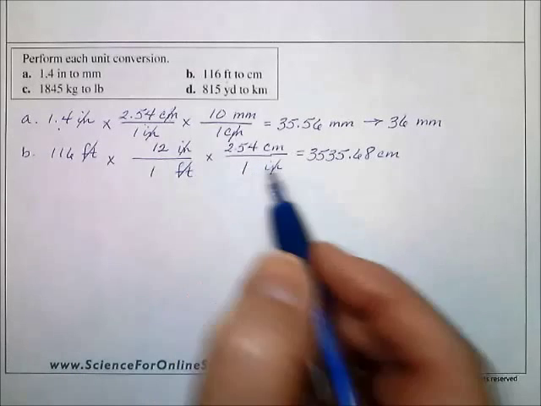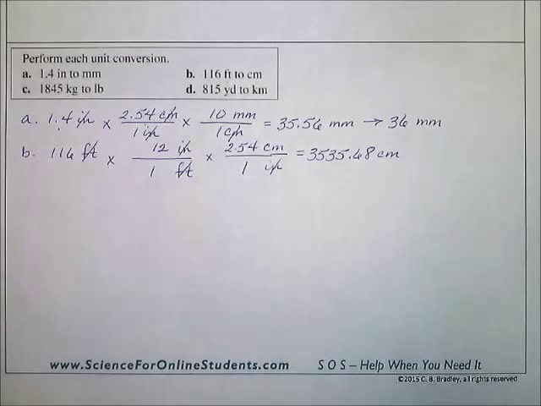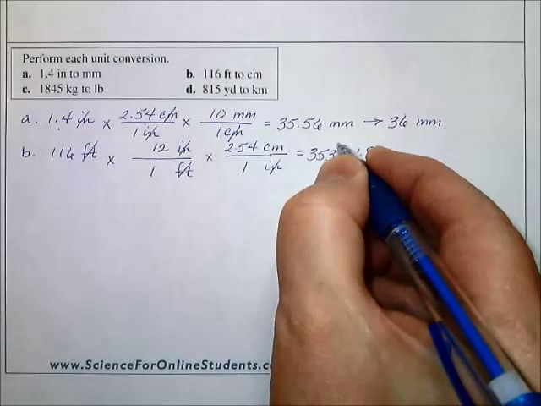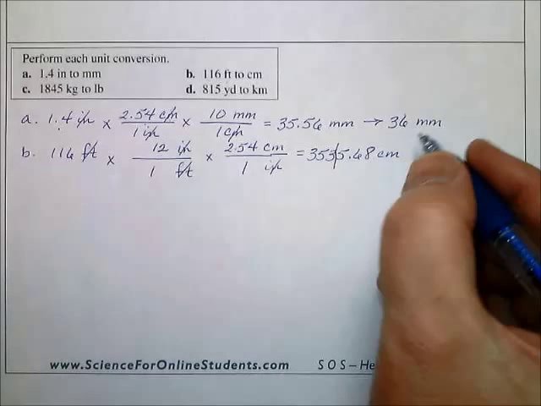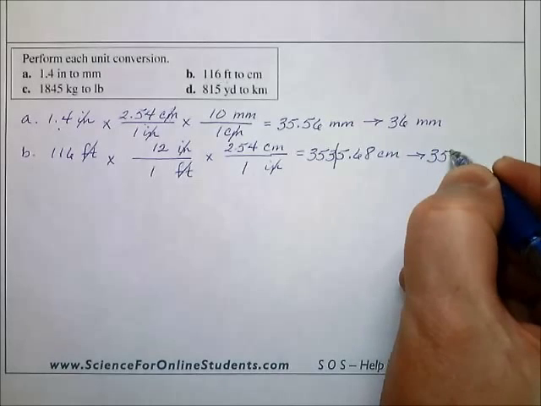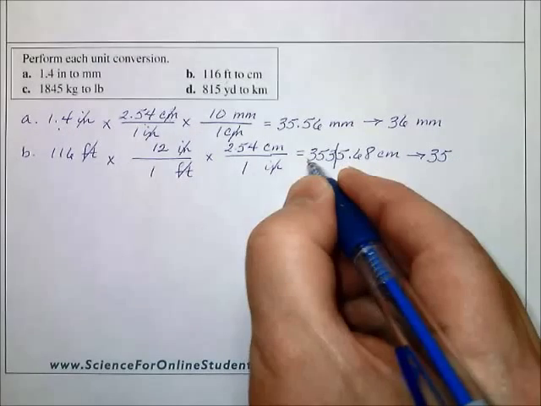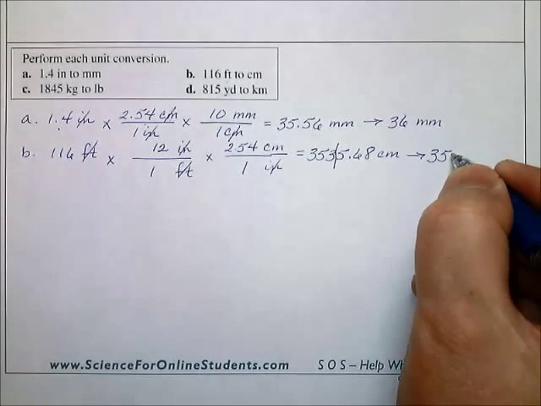So we have 3 significant figures here. We will round. 3 significant figures here, and we will round to 353, except the 3 will round up because of the 5.